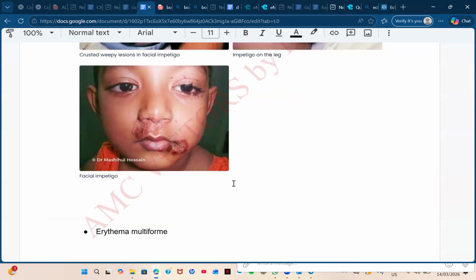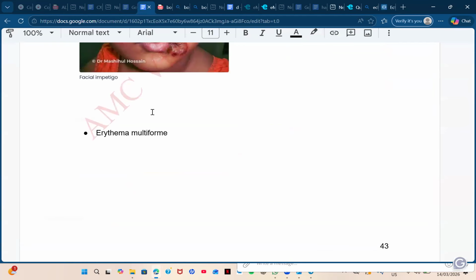So then, what do you know about erythema multiforme? Give me the clinical presentation of erythema multiforme. How does it present, doctors? Target lesion, no?